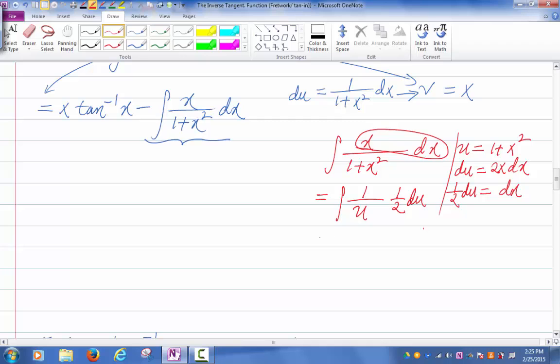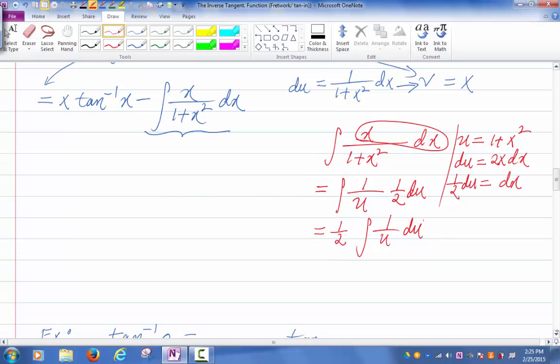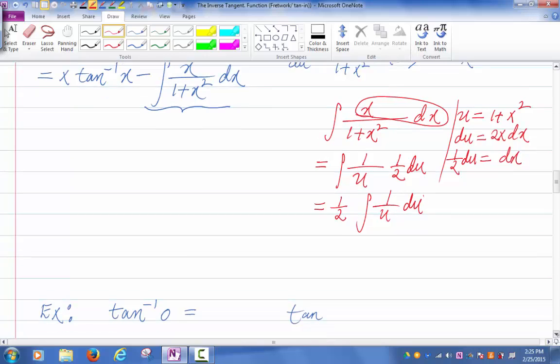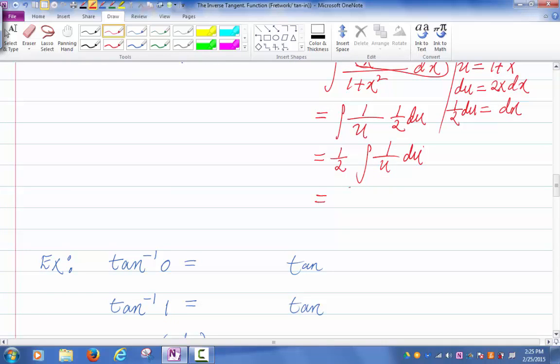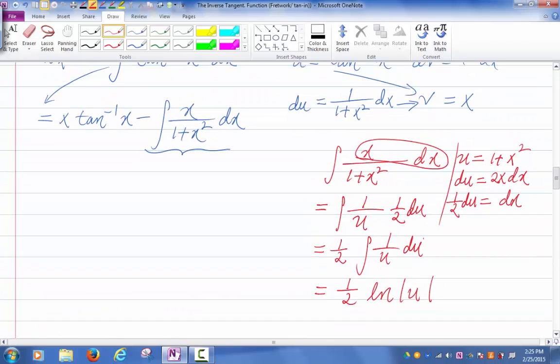And then I can take the half out. So this is half integral of 1 over u du. But what's the integral of 1 over u? This would be half natural log of absolute value of u, right?